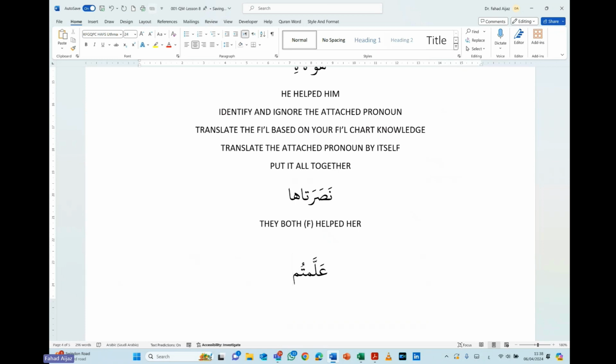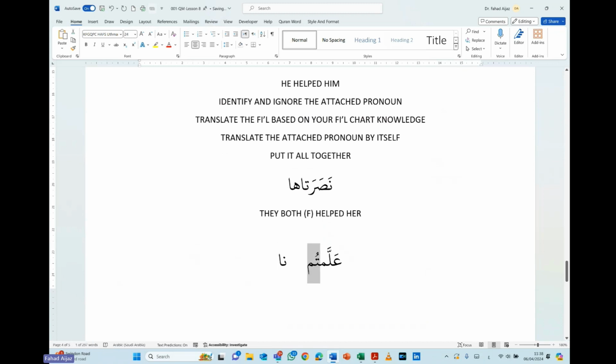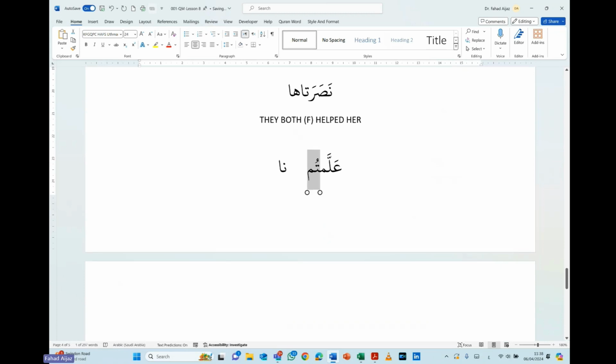And you want to attach a na to it, or any pronoun whatsoever. So whenever you have an antum form, this would apply. Okay, what I'm going to tell you now: allamtum, and then you want to attach any pronoun to it. When you attach the pronoun to it, in principle it should be allamtumna.